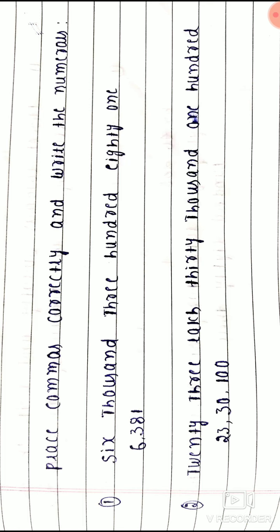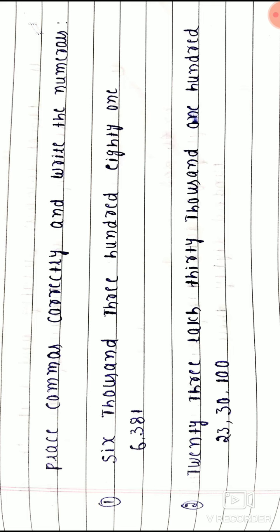You have to write these words in the form of numerals by putting commas correctly. So, first one, 6,381. This is in the form of words. So, you have to write it in the form of numerals.